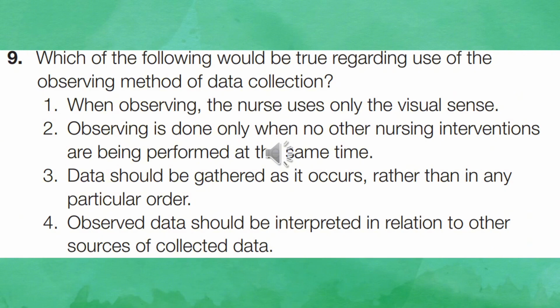And number 4, observed data should be interpreted in relation to other sources of collected data. So what's your answer? I'll give you 5 seconds. I'm just kidding, guys. So the correct answer is 4, no? Observed data should be interpreted in relation to other sources of collected data.